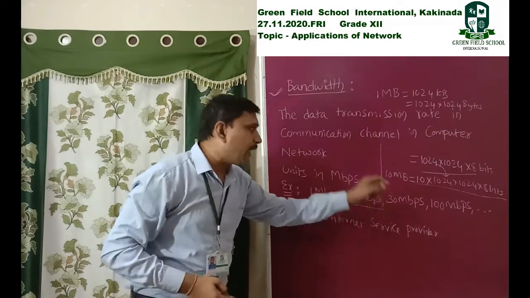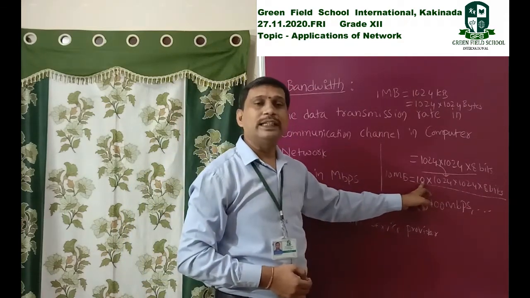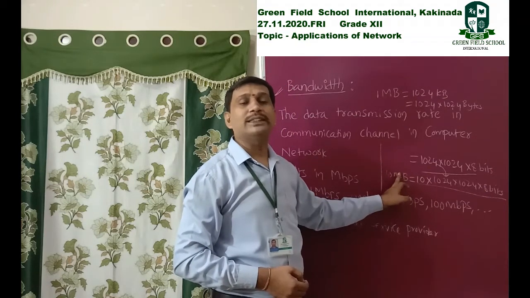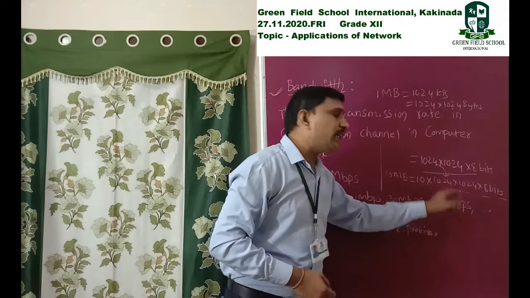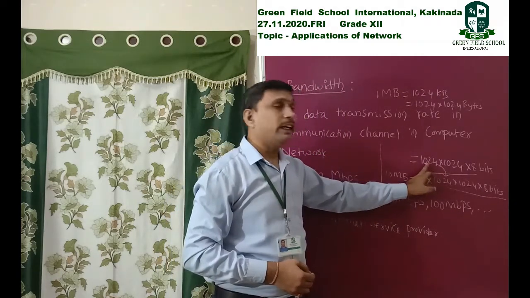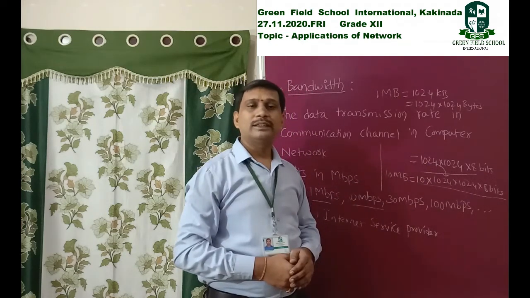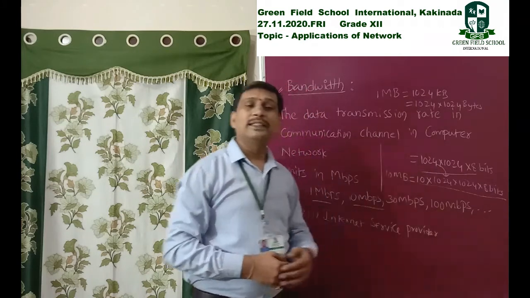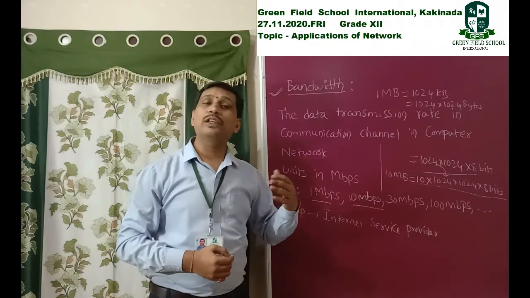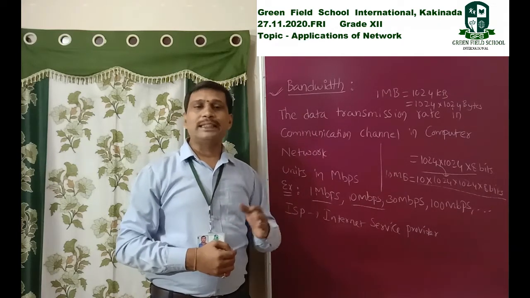Suppose I take it as 30 Mbps, then I multiply by 3, 3 into 10. Suppose I take it as 100 Mbps, then I multiply this 1 MB by 100. Then we get 100 Mbps of data, meaning bits per second. So this much data is transmitted per second.